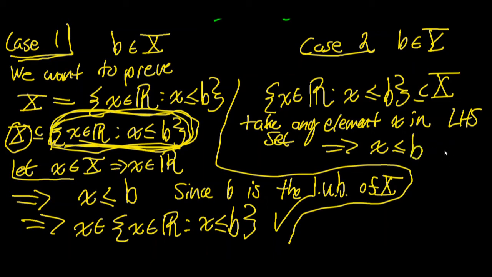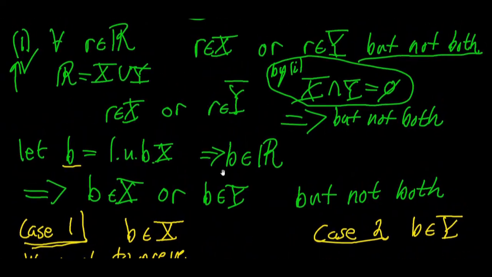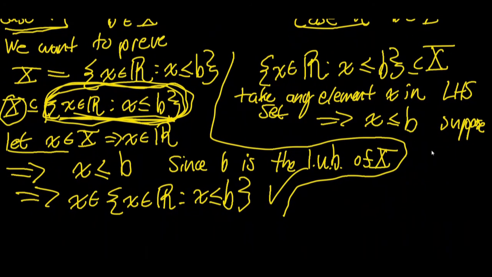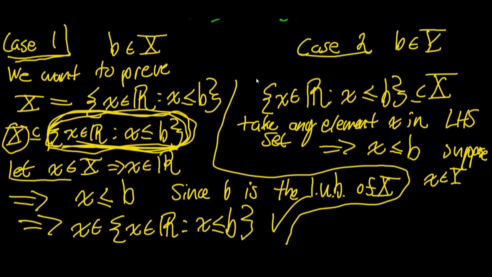And now we're going to suppose, so remember, x can either be in Y or x can be in X, because we proved that upstairs. Any element in the real numbers must either be in X or in Y. So suppose x was in Y. Well, since each element in X must be strictly less than each element in Y, and since b, our least upper bound, by our first case here, b is in X, this implies that b is strictly less than x.